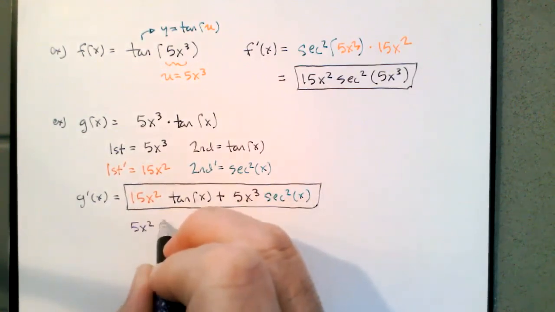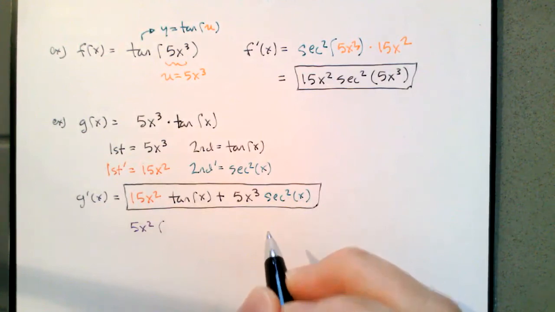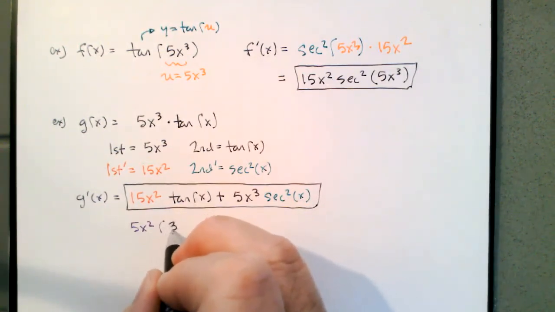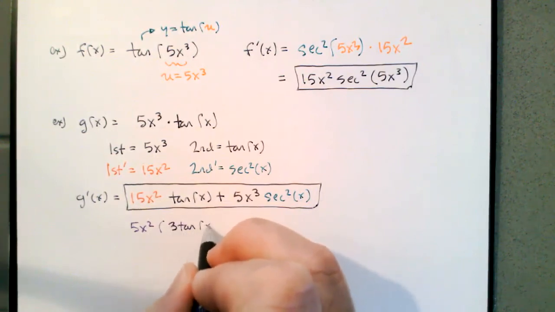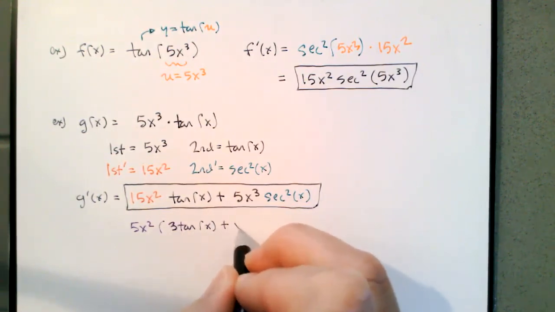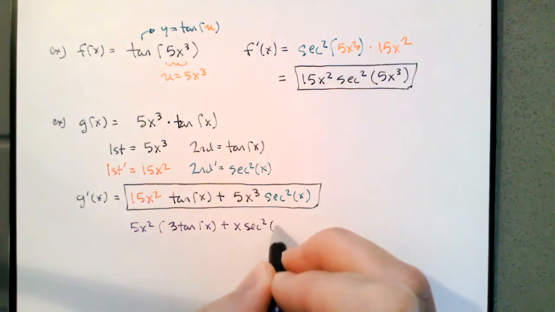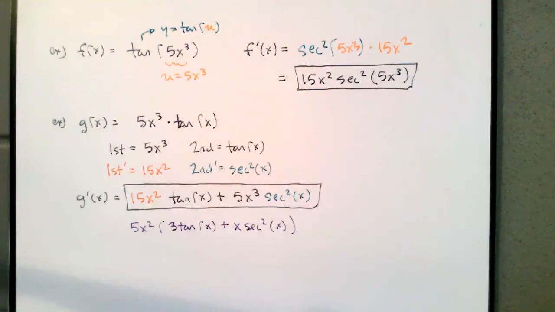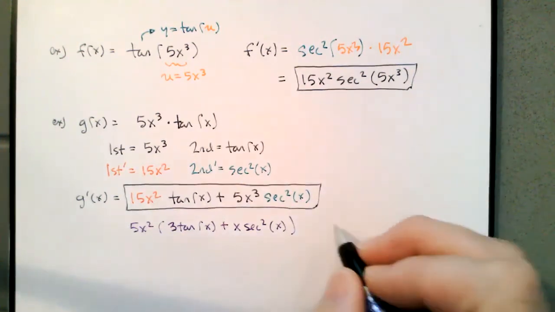But if we're just practicing using the derivative rules, it's not that important. That leaves a 3 tangent x and an x secant squared x. That's not really an improvement.